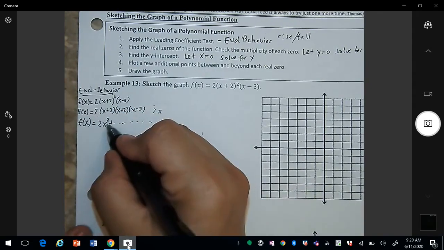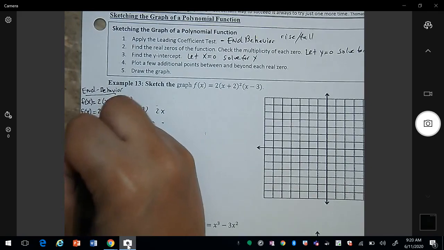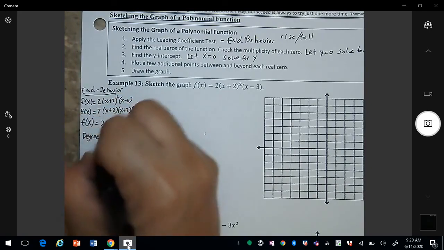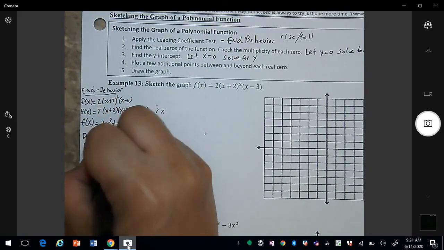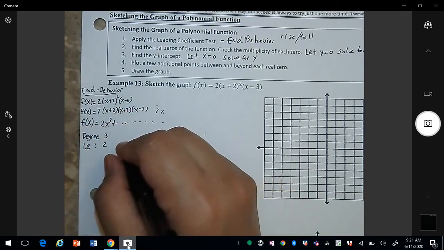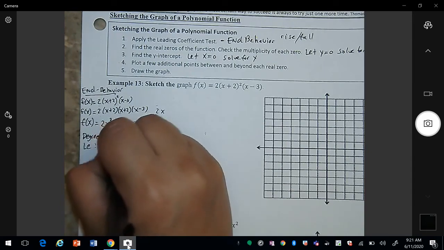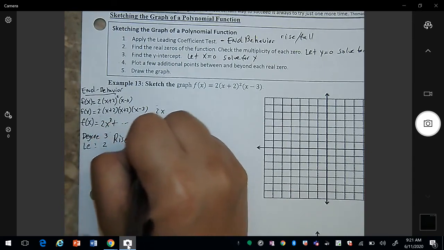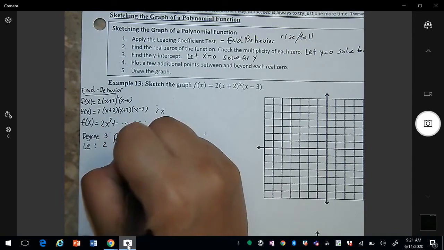But right now we're just interested in the first term, so the degree is odd, which is 3, and the leading coefficient is positive, which is 2. So my behavior is going to rise right and fall left.